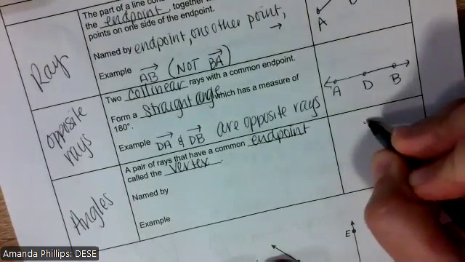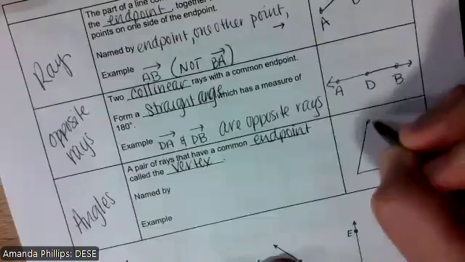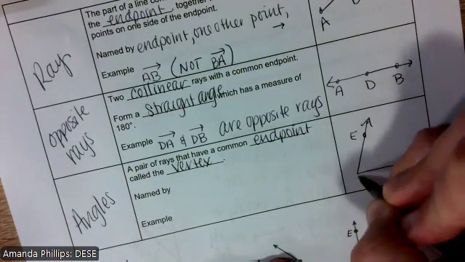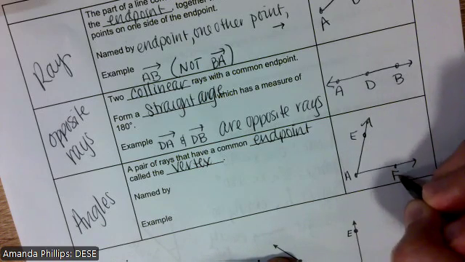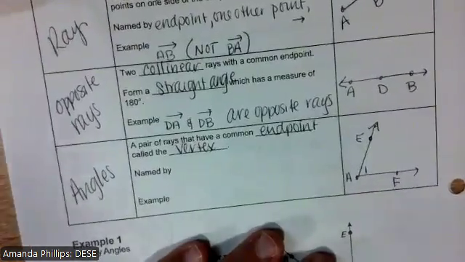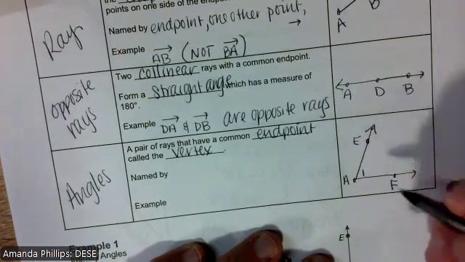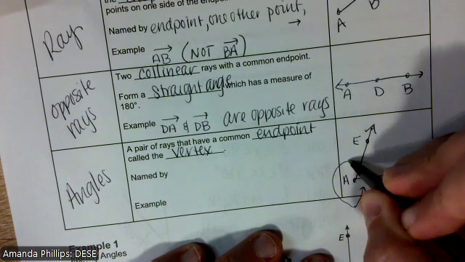Okay, so here, just to make sure we're clear on some vocab, there's lots of vocab that can happen with angles. So E, A, F, and then 1. Now when we talk about the exterior of the angle, the outside, this is what we're talking about.